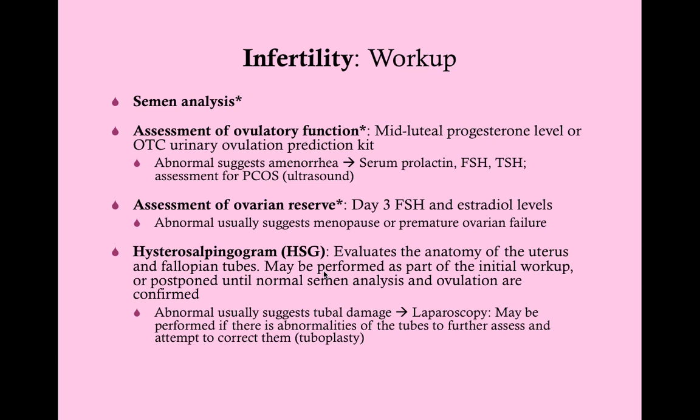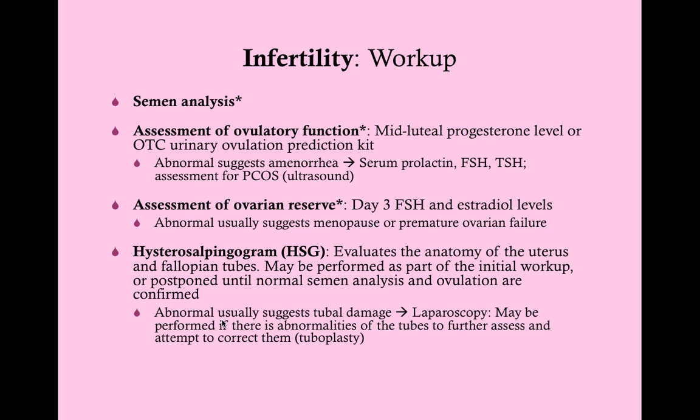So a hysterosalpingogram is an imaging test. You use a dye, and then you image, and you're looking at the anatomy of the uterus and fallopian tubes. And particularly here, we're looking for issues with maybe adhesions or blocked tubes. And this can be, as I said, performed as part of the initial workup, or it can be postponed until you get normal semen analysis, ovulatory function, ovarian reserve, and you're looking into greater detail here.